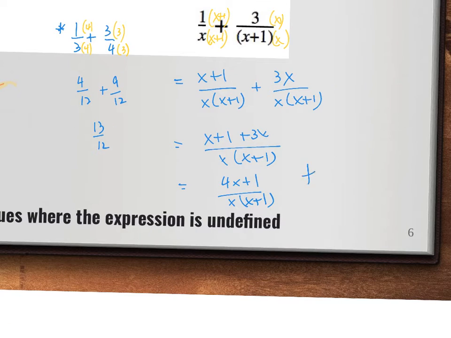The last step is to state the restrictions. So again, looking at the bottom here, x times x plus 1, therefore x cannot be 0 and x plus 1 cannot be 0, which means x cannot equal negative 1. So our two restrictions are x cannot equal negative 1 and x cannot equal 0.